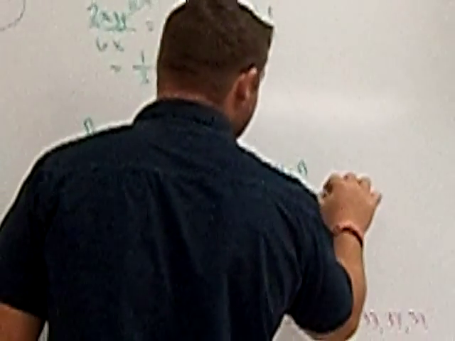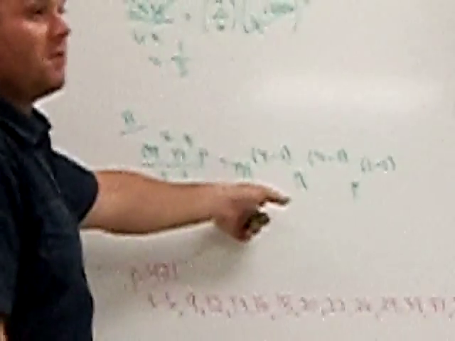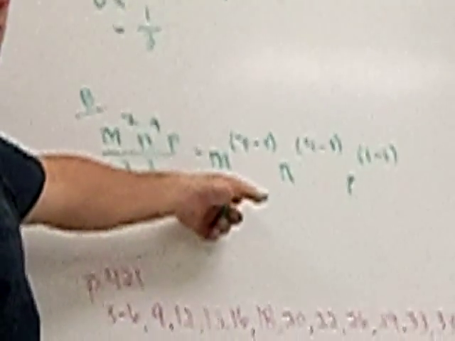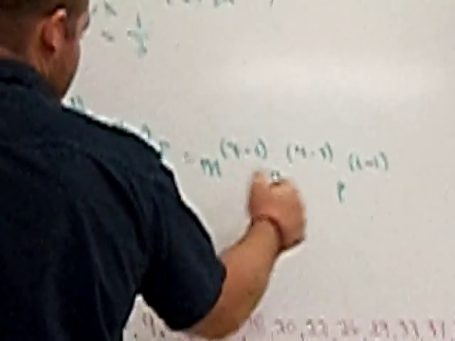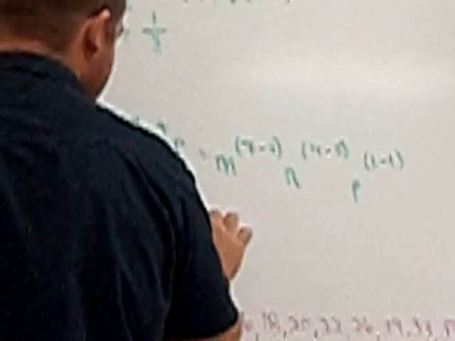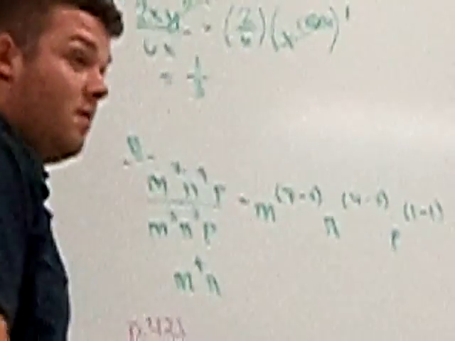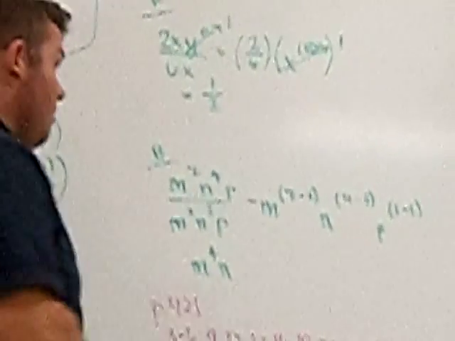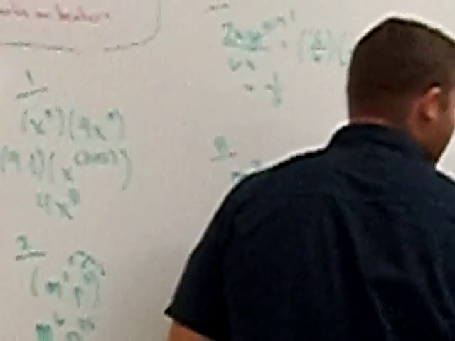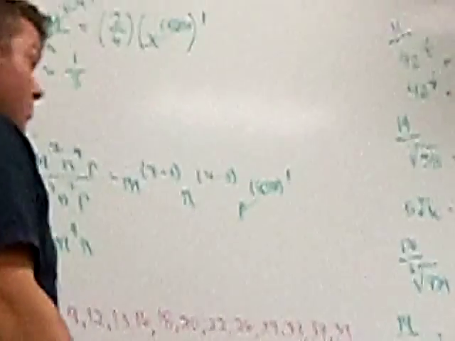Your p's numerator exponent is 1, denominator is 1. 7 minus 3 is 4. 4 minus 3 is 1. 1 minus 1, anything to the 0 power gives you 1. So you have m to the 4th n. That p goes to p to the 0 power. Anything to the 0 goes to 1, so it's like you're just multiplying by 1.